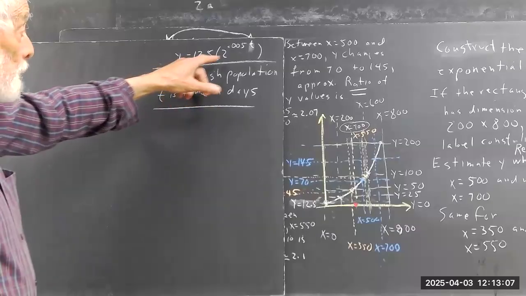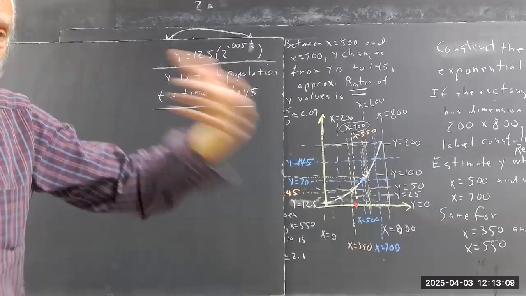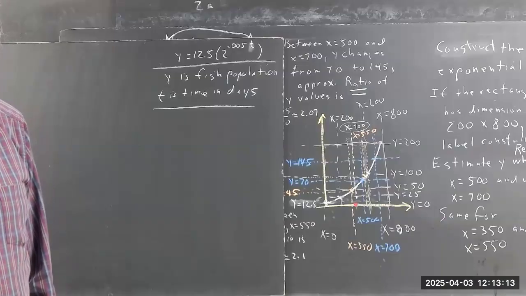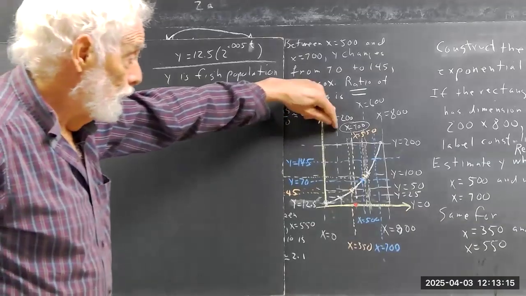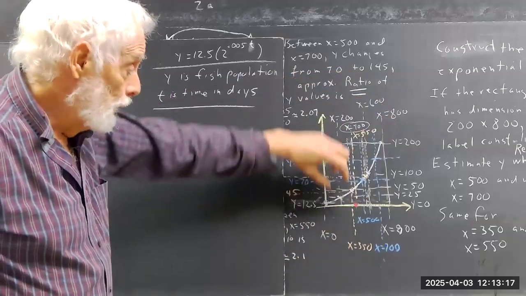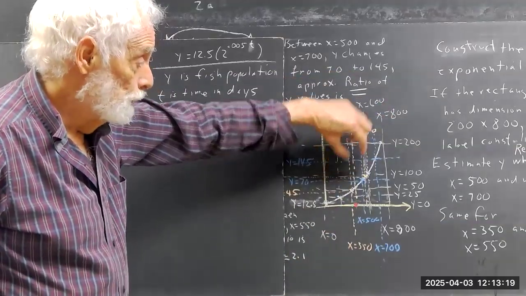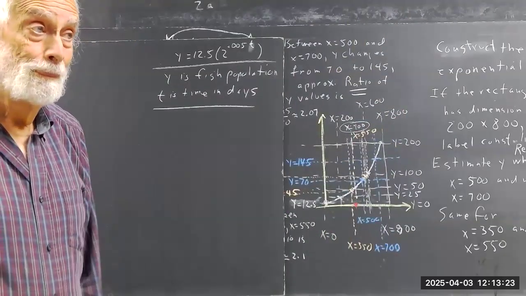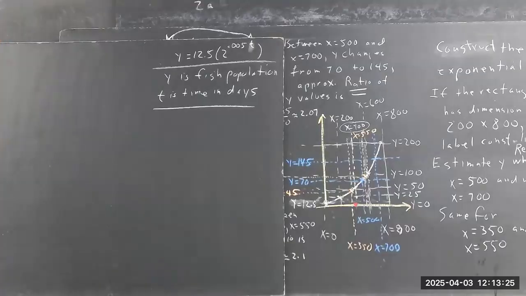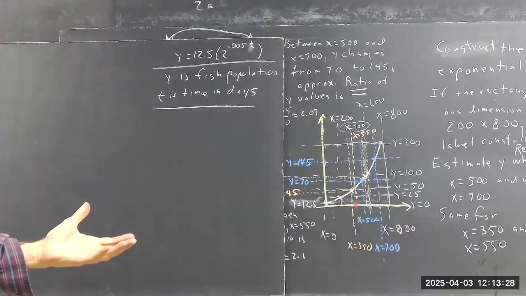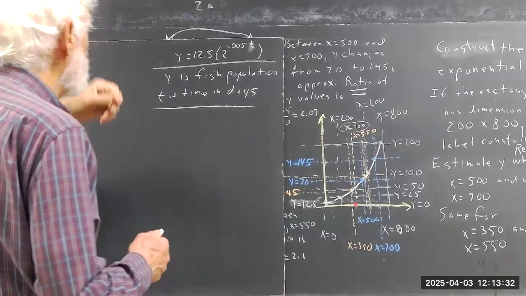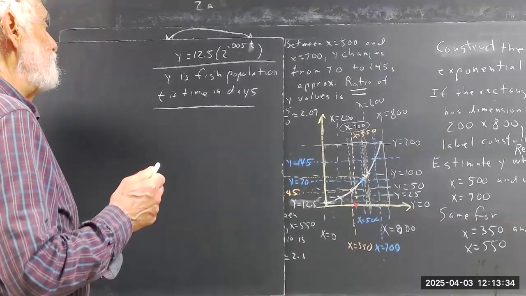How long does it take for the population to double? How long does it take to get 25 fish? Well, one time is 200. Every time t changes by 200 days, the number of fish doubles. Understand that? Okay, that's good. So what can we do?